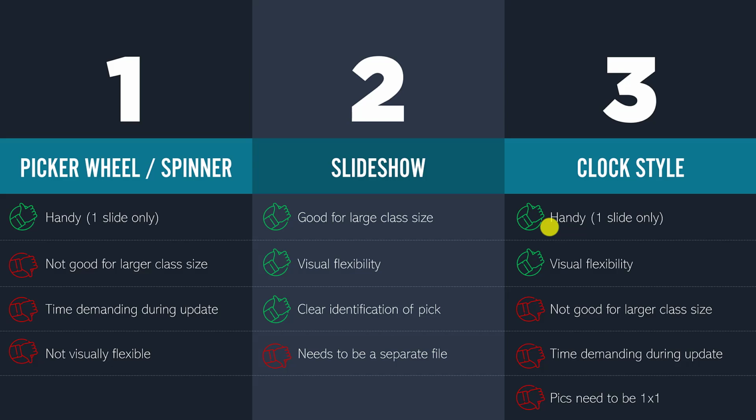That's because if we decided to increase the number of students, it's not going to be so clear. We'll have to zoom in on the images so that we can figure out who the arrow is pointing to. It also demands time upon update. And last one, the pictures need to be one by one. Otherwise, it's going to be funky or it's going to be stretched.